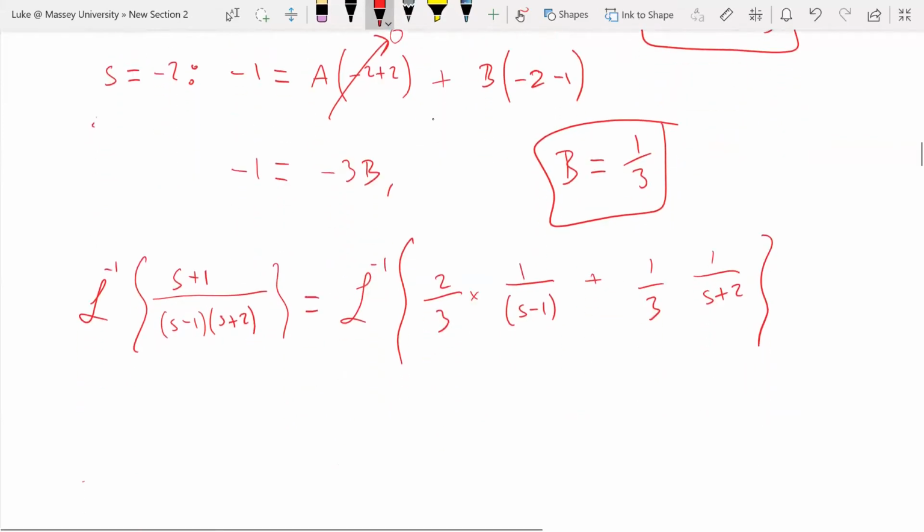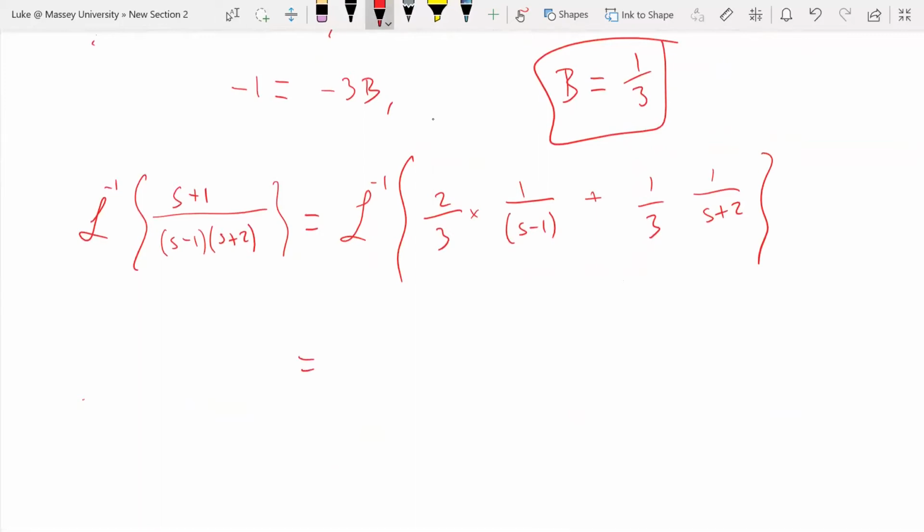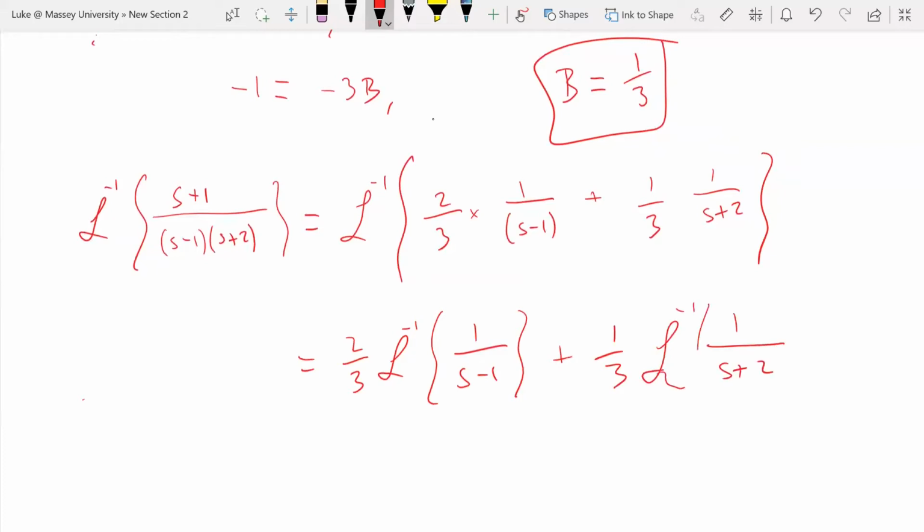Because the Laplace transform is linear, I can write that as 2/3 the inverse Laplace transform of 1 over s minus 1 plus 1/3 the inverse Laplace transform of 1 over s plus 2. By now you should be recognizing that these are going to give me exponentials. So I'm going to get 2/3 e to the t plus 1/3 e to the minus 2t.